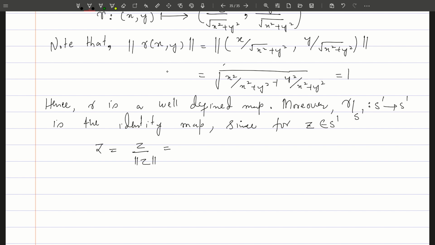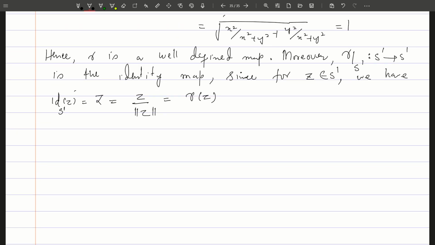This is same as R of z. So hence this serves as the identity map, so it's same as id of z. So hence this is a retraction.